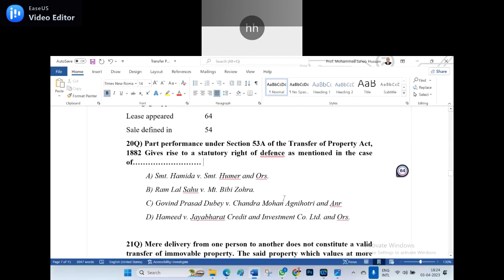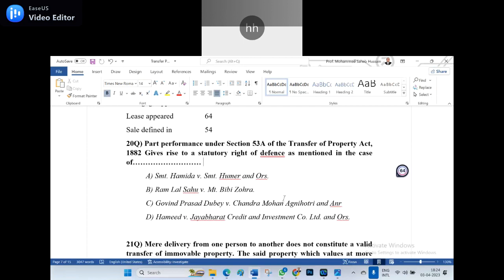Okay, 20th question. Part performance under section 53A of the Transfer of Property Act 1882 gives rise to the statutory right of defense as mentioned in the case of dash. A. Srimati Hamida versus Srimati Humar and others. B. Ramlal Sahu versus MT Bibi Zohra. C. Govind Prasad Dubey versus Chandra Mohan Agnihotri and others.